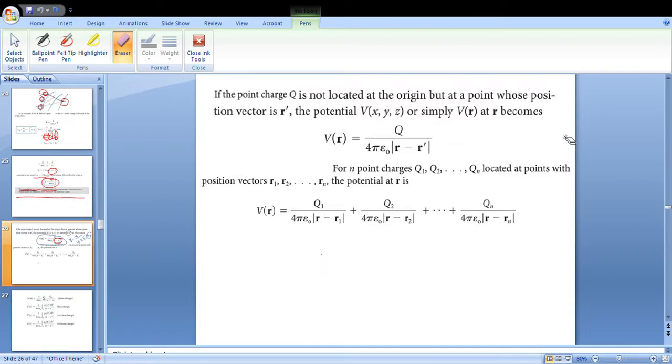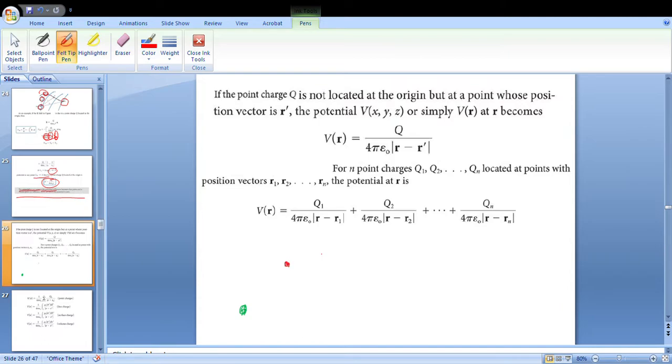So now what if there are multiple charges? Suppose this is the origin. Then we'll place some of the charges.